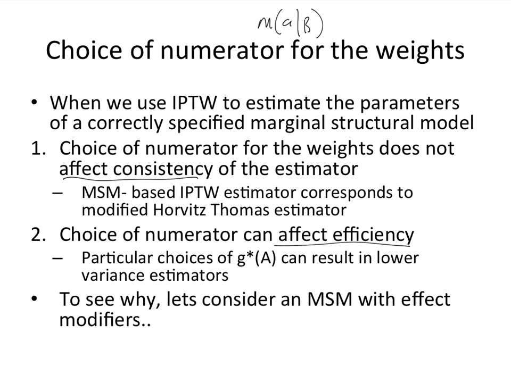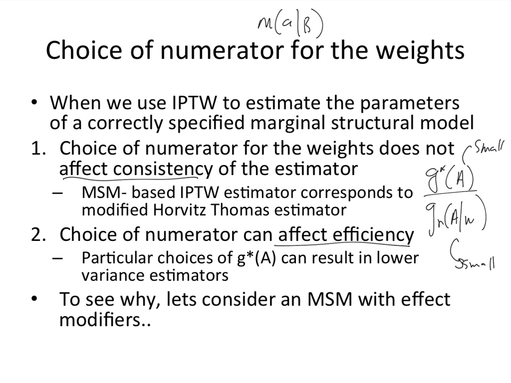And so you might as well use the same G star we used in the previous lecture, which is just the marginal probability that the A you observed is the A that you got. So when you take that ratio of probabilities, G star A over G in A given W, you want to make sure that if G in A given W gets small, then G star A gets small, so it stabilizes the weight.